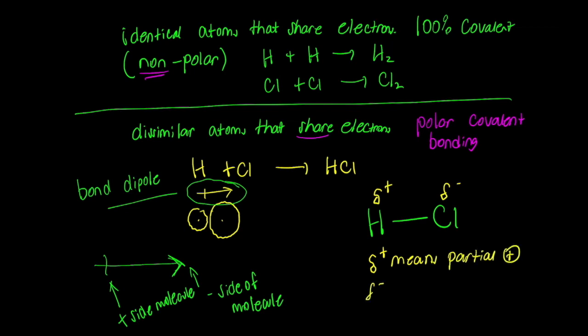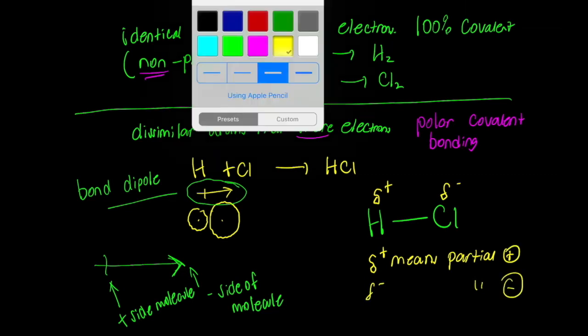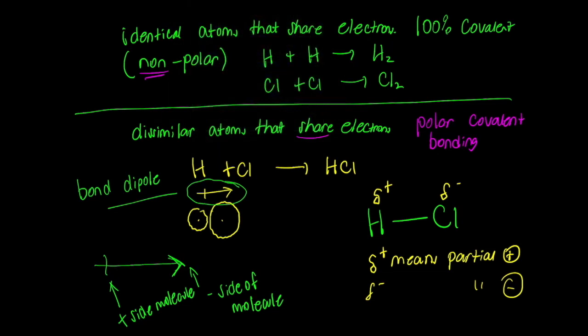And delta minus means partial negative, okay? So there's two different ways to indicate how the electrons are unequally distributed in the HCl molecule. We can use a bond dipole arrow to indicate how the bond is formed between two atoms that don't equally share electrons, or we can write delta plus and delta minus above the respective atoms in this unequal partnership, okay?